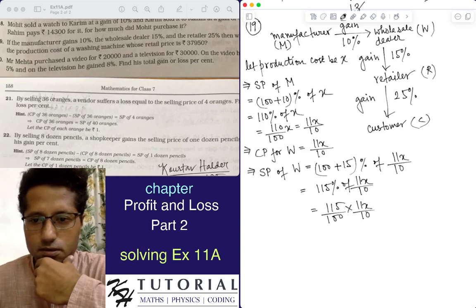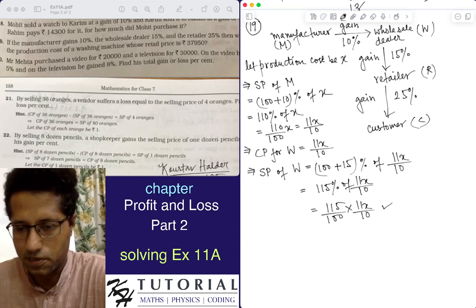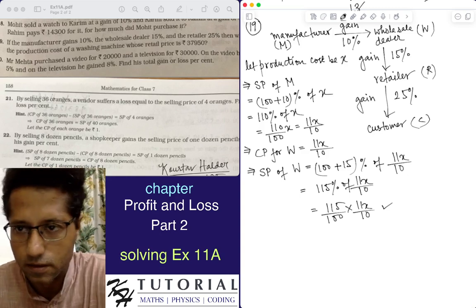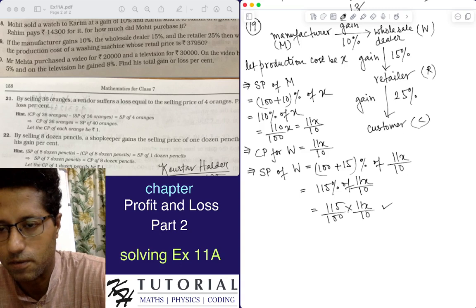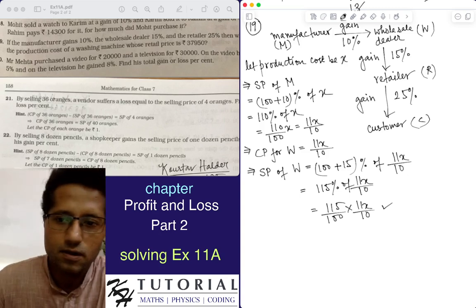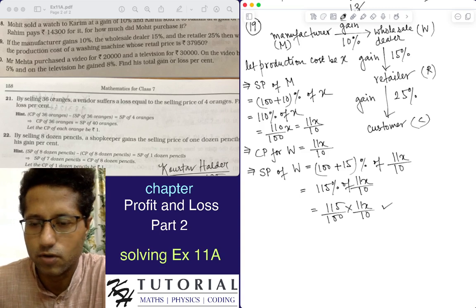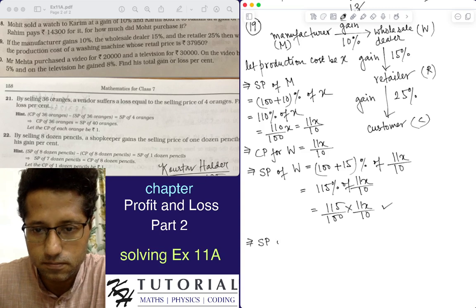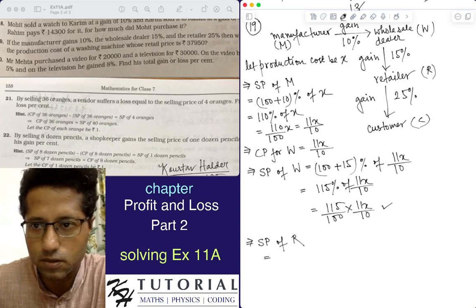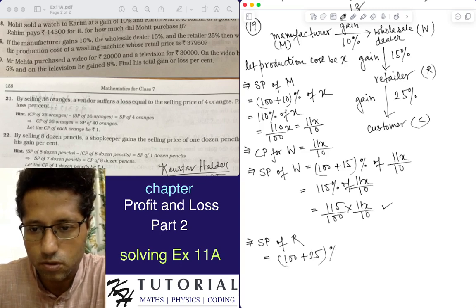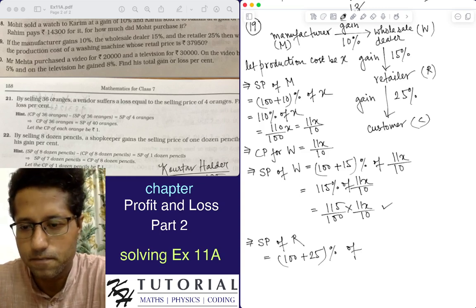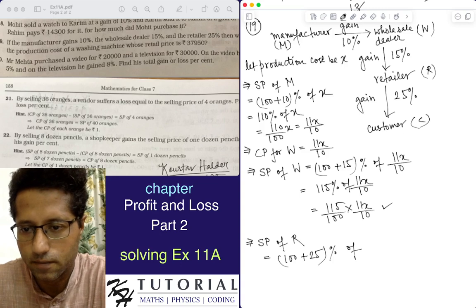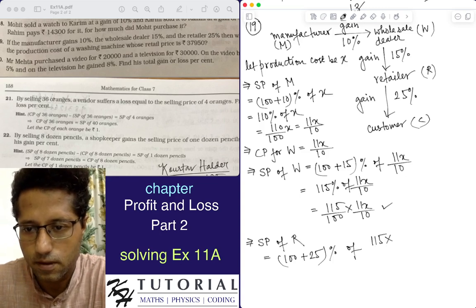Now this expression is also the cost price of the retailer, that is the price at which the retailer purchased the washing machine from the wholesale dealer. Now the retailer is also selling the product with a gain of 25%. So the sale price of the retailer will be equal to 100 plus 25% of the cost price of the retailer, which is the selling price of the wholesale dealer, which is 115 into 11X by 1000.